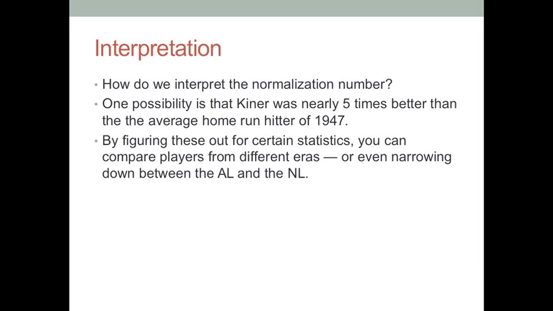By figuring the relativity and normalization numbers out for various statistics, you can compare players from different eras, or even narrow down between the American League and the National League. Like we discovered when we looked at runs scored, there are more runs scored in the American League than there are in the National League. So these relativity and normalization numbers can even help compare how a player might do when they're in the American League versus when they're in the National League.